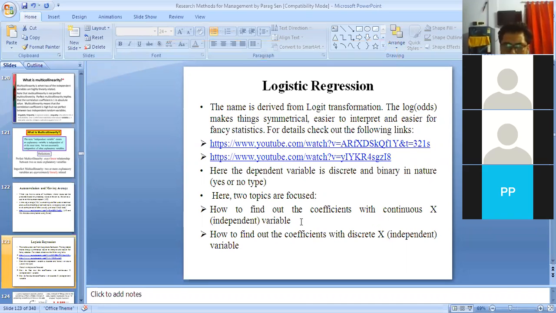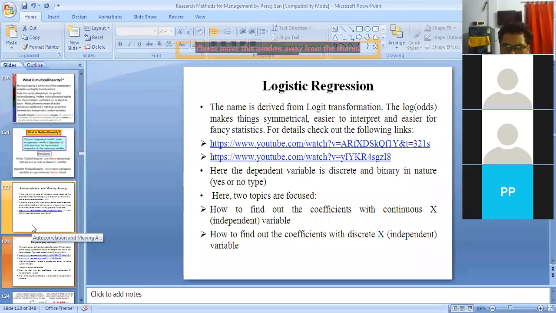I have given you some links, if you are very much interested to find out how logistic regression is actually performed. If you use software, you can very easily find out what the equation will be.